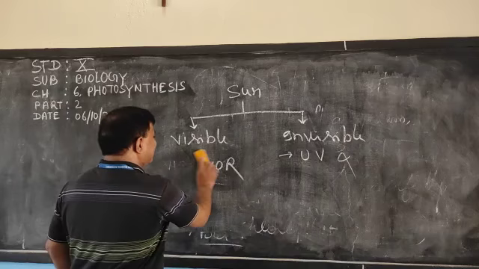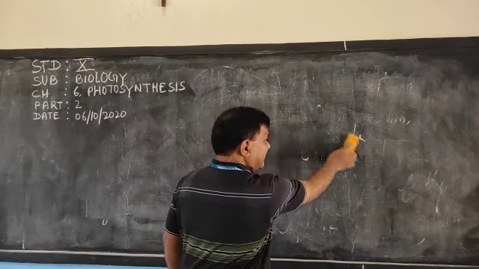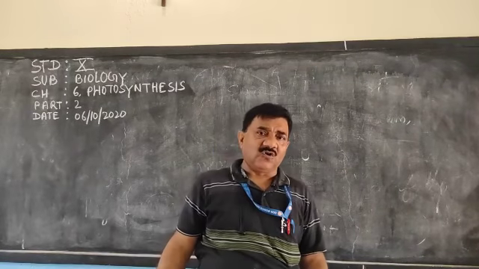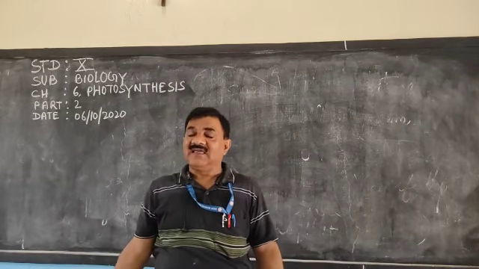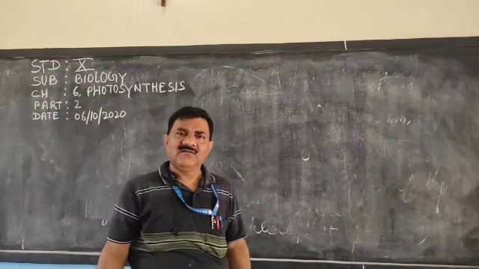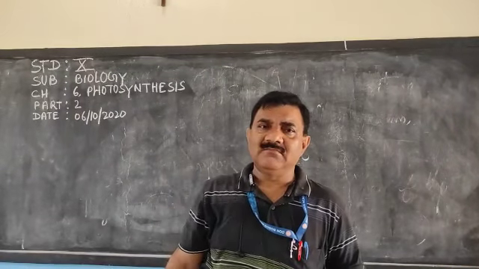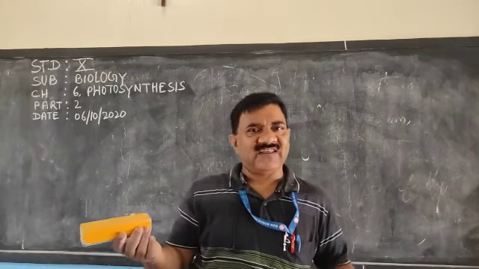Now, one very important thing I would like to discuss. Due to the presence of chlorophyll only, the leaves are green. Have you ever covered grass with a brick? You must have.